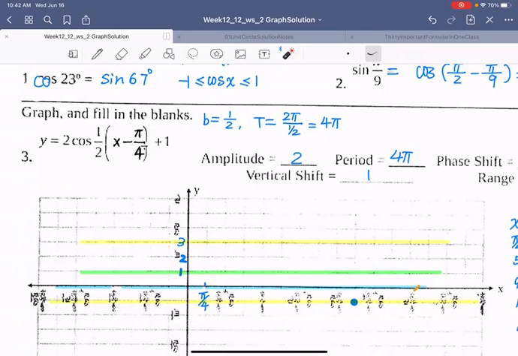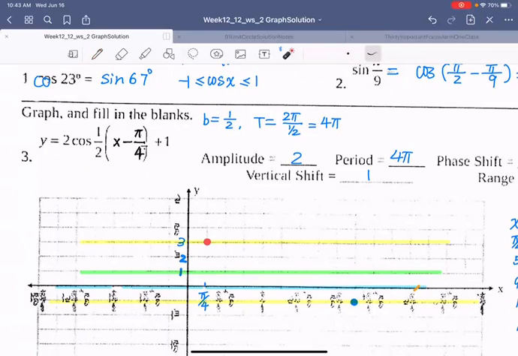When x equals pi over 4, this thing equals 1, right? Yes. And 2 times 1 plus 1 equals? 3. That guy equals 3. So when this guy is here, your y should be here. Does this make sense to you? Yeah. This guy comes to here, okay?